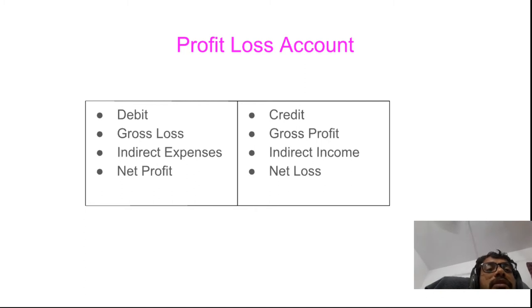Then the credit side, income. When you receive commission, brokerage, incentives, you mention it here as indirect income. Then you receive either net profit or net loss.